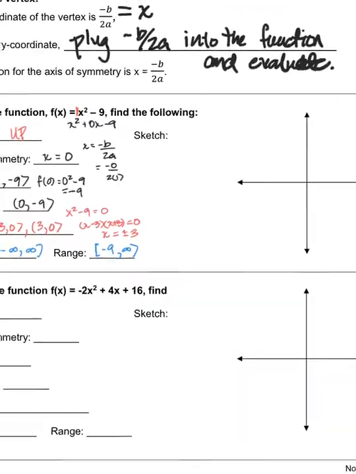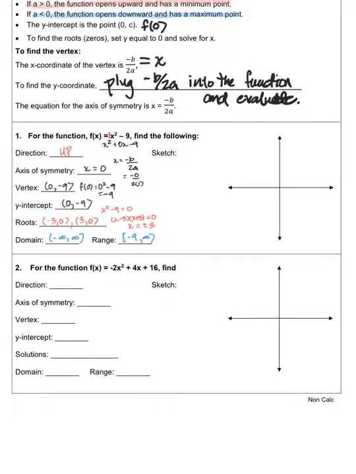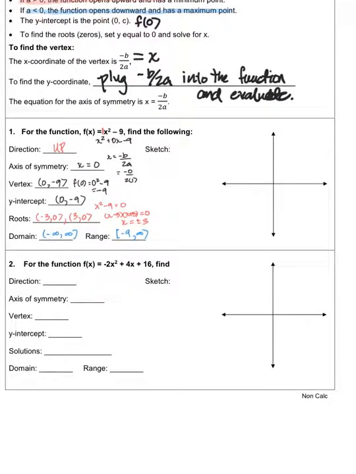All right, so now let's sketch a graph of what this looks like. So the first thing I'm going to do is graph the axis of symmetry, and the axis of symmetry is x equals 0, so it's just the y-axis. In this case, it's not always going to be like that. This is x equals 0. Now, I know my vertex is going to be on that axis of symmetry.